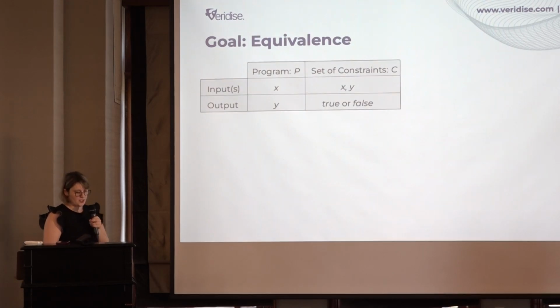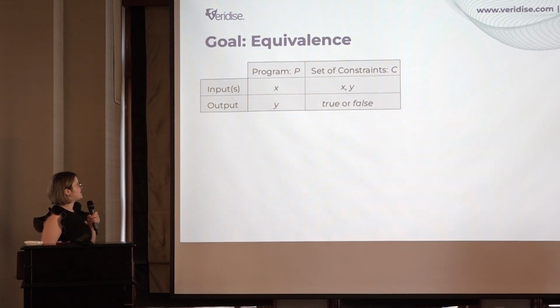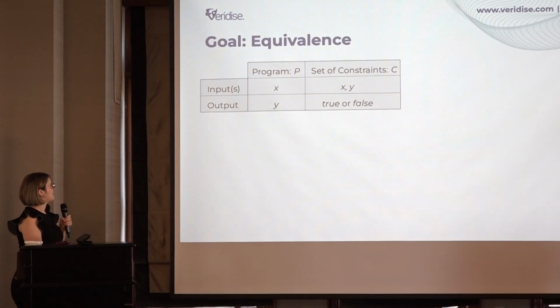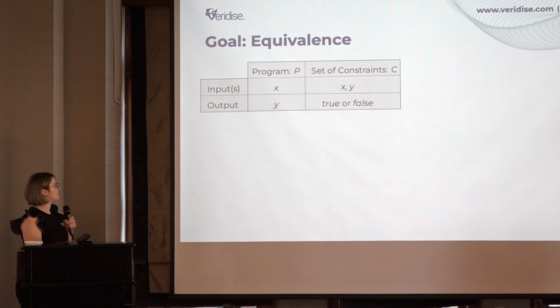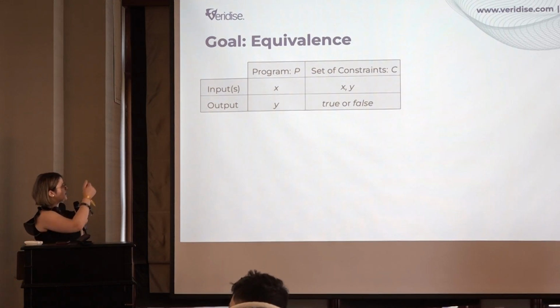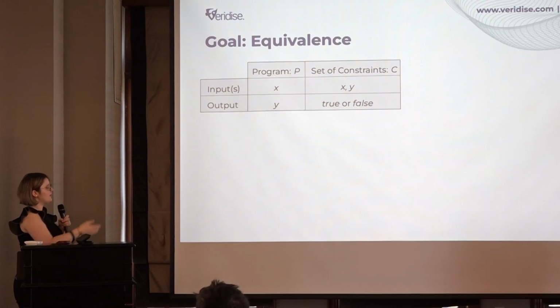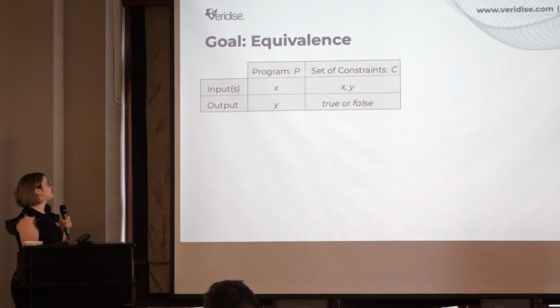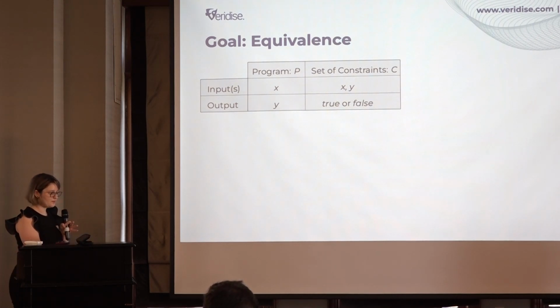All right, so let me explain a little bit what equivalence means for a ZK circuit. So we saw that this program P takes some input X and outputs Y, which is the witness generator. And the constraints take in both the inputs for the program and the output of the program and say, okay, true or false, if the proof was verified or not.